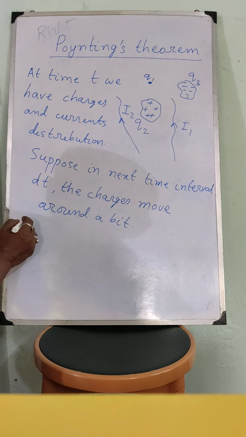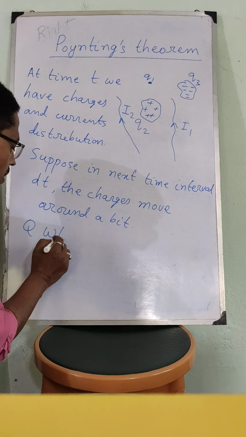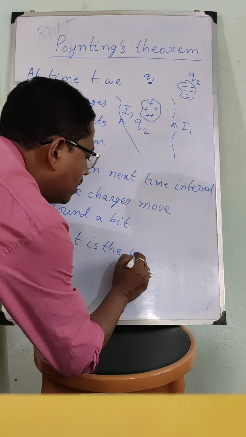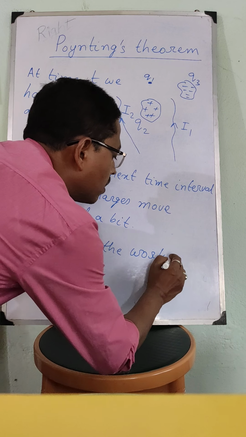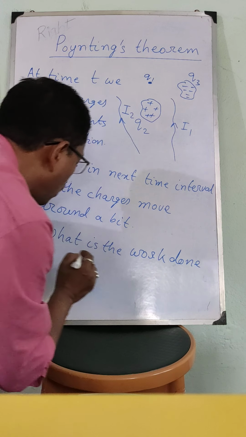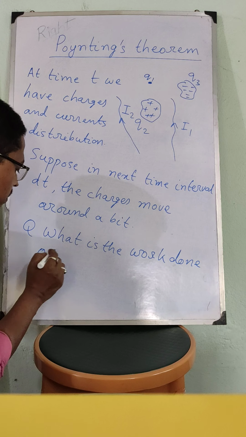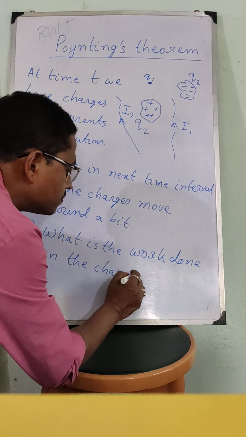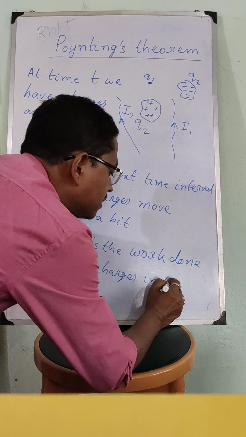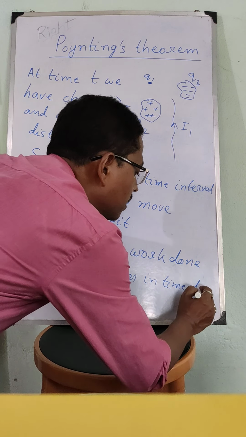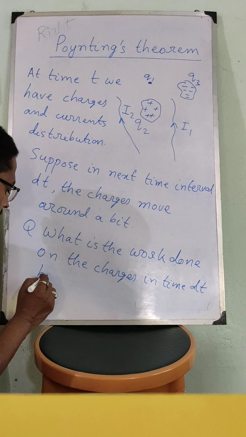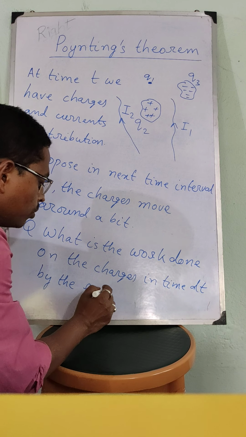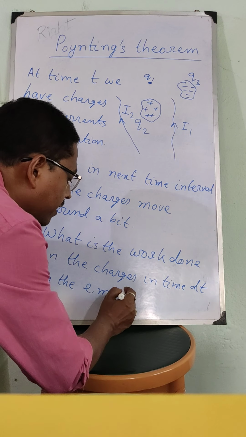So our question is, what is the work done on the charges in time dt by the electromagnetic field?